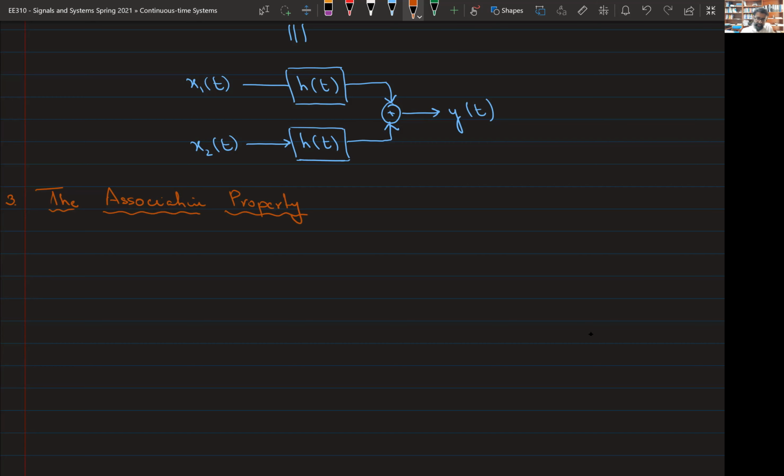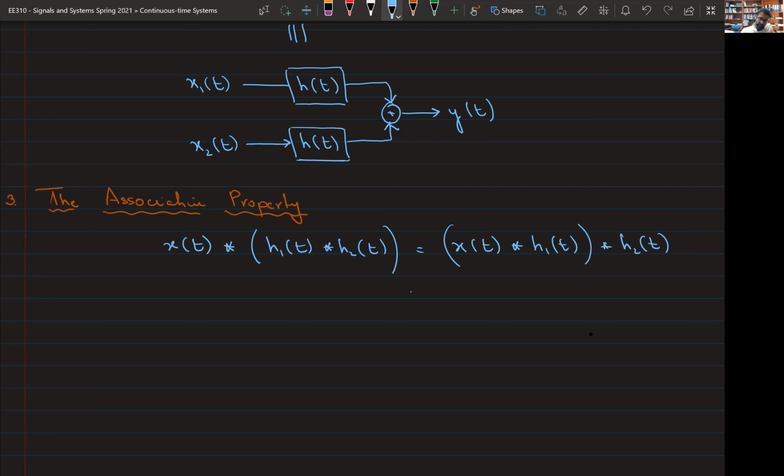So the associative property just says, and once again, I'm not going to do a proof for this because the proof is very simple: if I convolve x of t with brackets h1 of t convolved with h2 of t, this is going to be the same as x of t convolved with h1 of t first, and then I convolve this with h2, right?